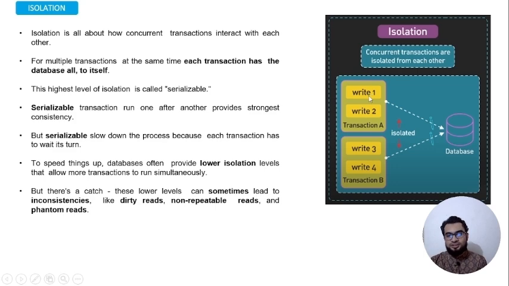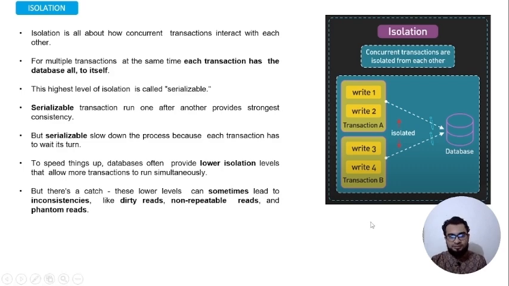To speed things up, databases often provide lower isolation levels that allow more transactions to run simultaneously. But there are also some problems. The lower levels can sometimes lead to inconsistencies like dirty reads, non-repeatable reads, and phantom reads.